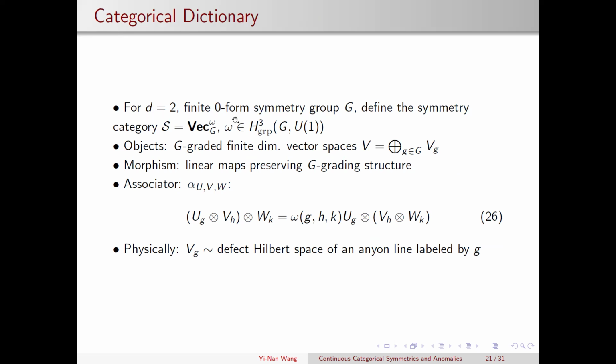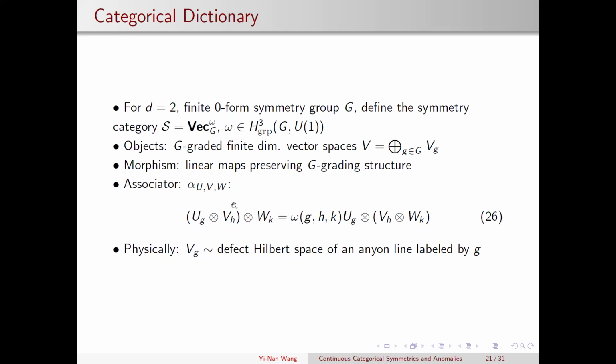For the case of D equals 2, and considering a finite zero-form symmetry group G, we define the symmetry category to be Vec_G^ω, which is the category of G-graded finite-dimensional complex vector spaces. So V can be decomposed into a direct sum of V_g, labeled by the group element g. This is the G-grading. We also have morphisms and associators.